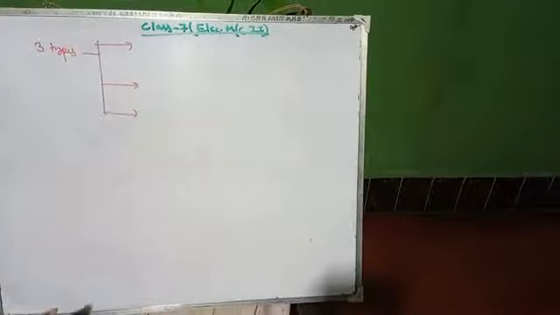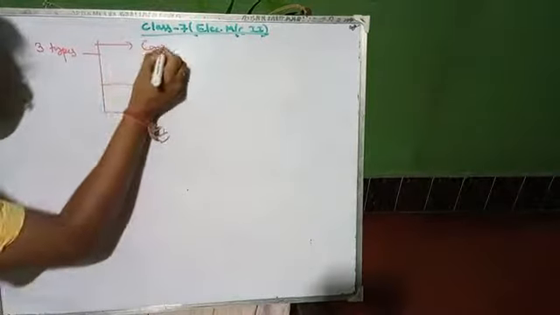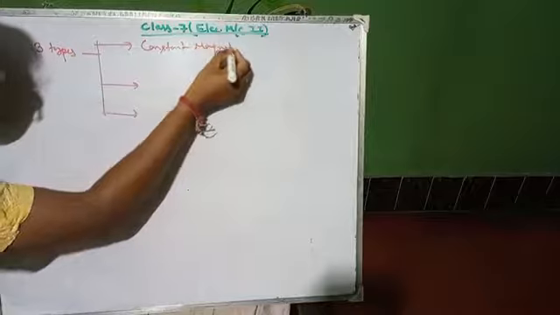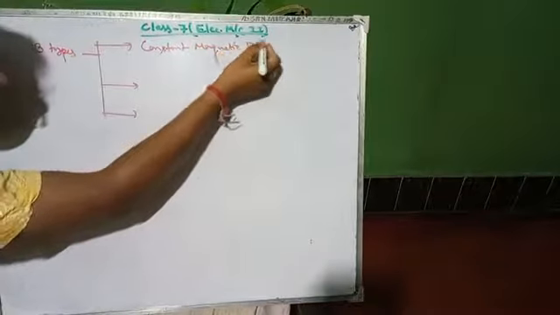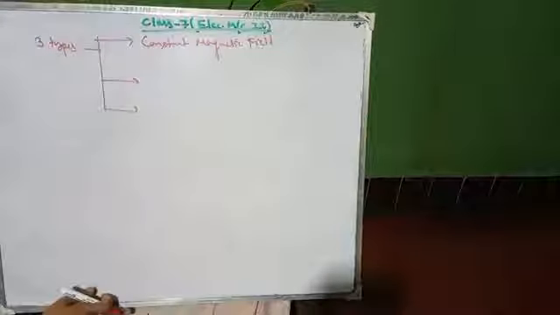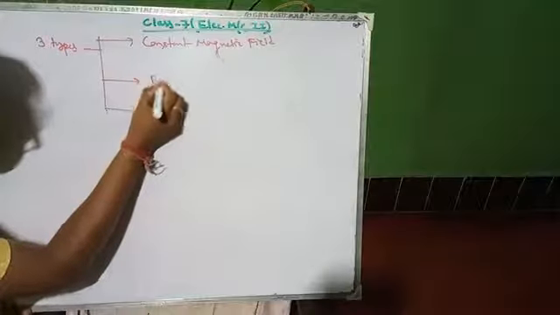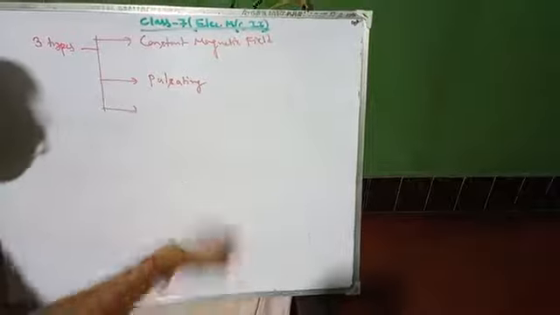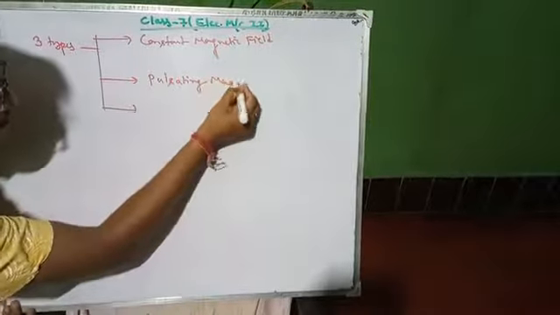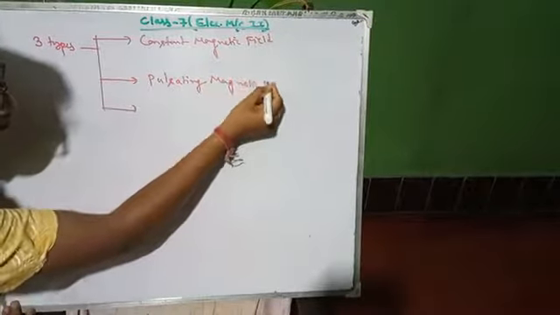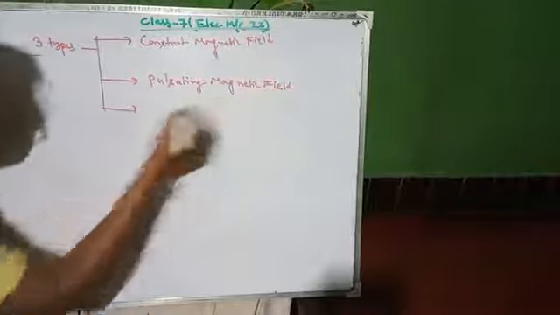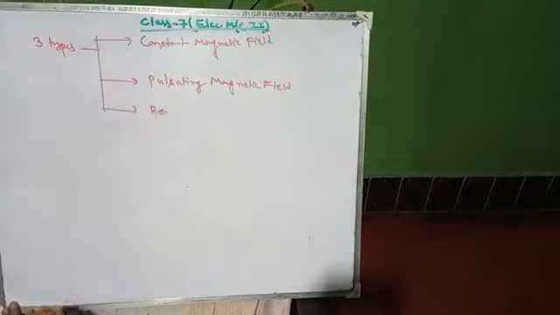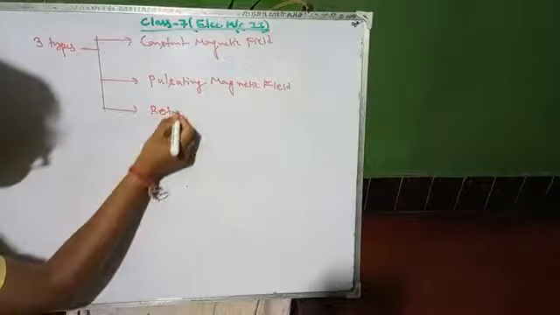What are the categories? First one, the constant magnetic field. Next one, the pulsating magnetic field. And third one, the revolving magnetic field or rotating magnetic field.